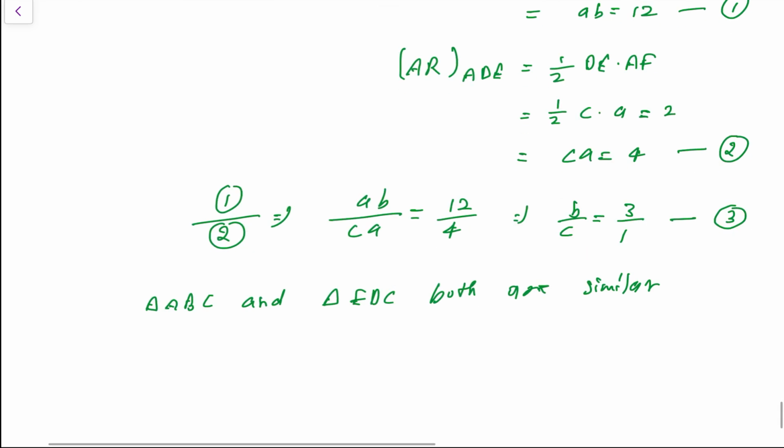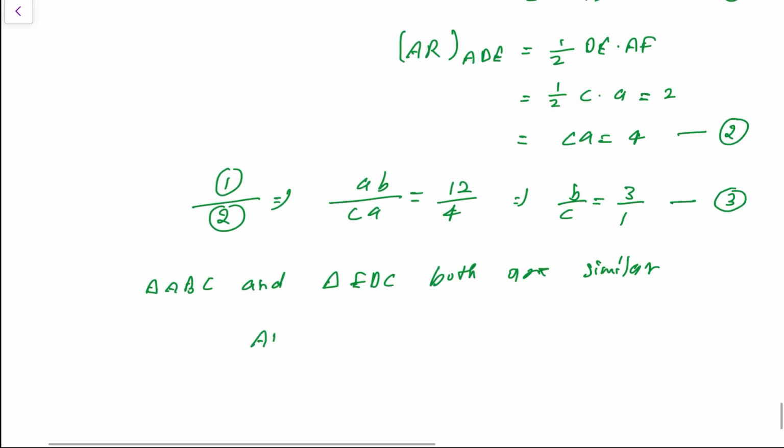That means we can conclude that the area of triangle ABC divided by the area of triangle EDC will be equal to the ratio of the squares of their corresponding sides.